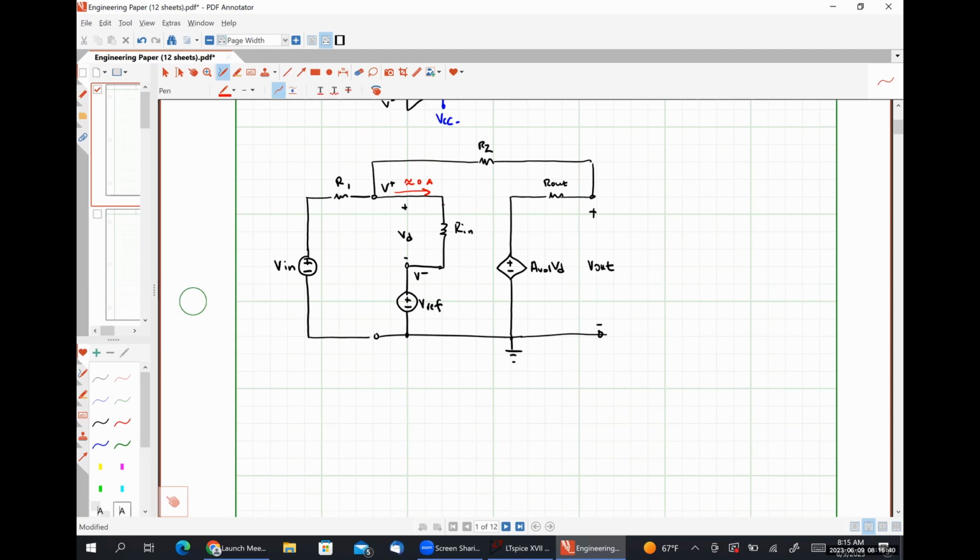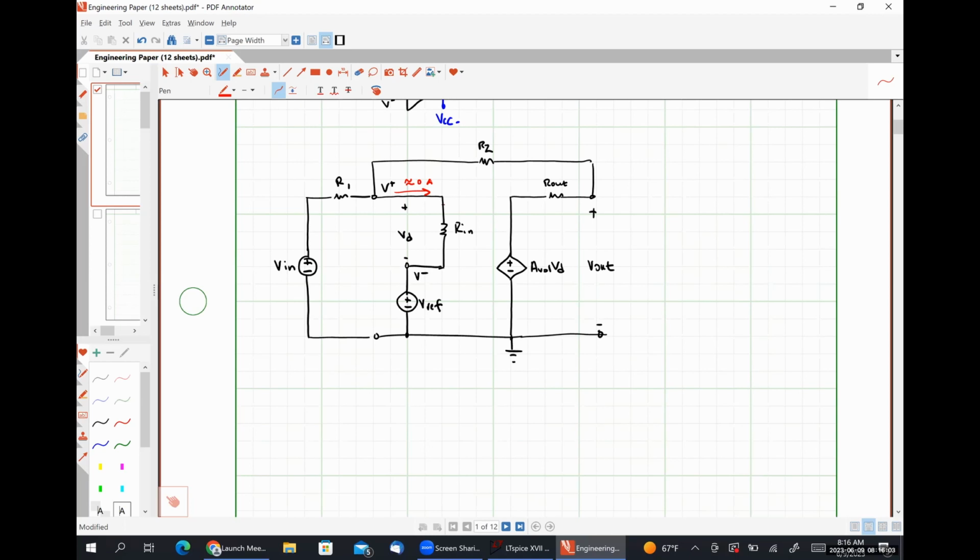Realistically, this current is somewhere in the ballpark of nanoamperes in size. But for our intents and purposes, when we're going to be dealing with milliamp scale currents flowing through resistors R1 and R2, a nanoamp of current is 1,000,000 times smaller. So that's going to be close enough for us to call it 0.